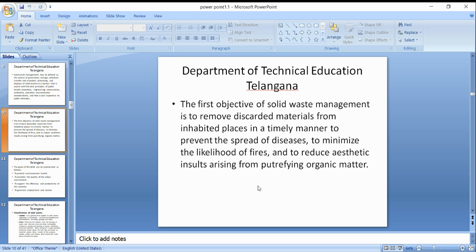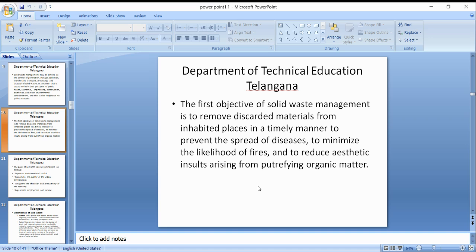The first objective of solid waste management is to remove the discarded materials from inhabited places in a timely manner to prevent the spread of diseases. The solid waste cannot be kept for many days, so it should be discarded in a timely manner so that it prevents the spread of diseases, minimizes the likelihood of fires, and reduces the aesthetic insults arising from putrefying organic matter.